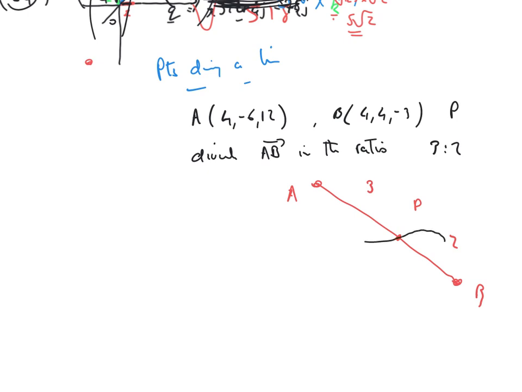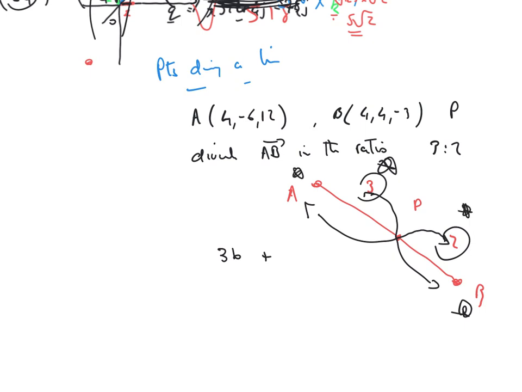We did 2 lots of A plus 3 lots of B, and then we divided that by the sum of the parts, which is 3 plus 2, and that's 5. So it's going to be 3B plus 2A divided by the sum of the parts, which is a division of 5, and we'll write that as a fifth.